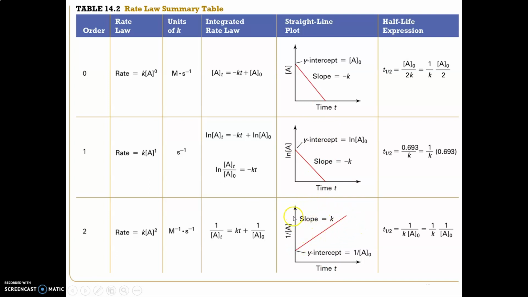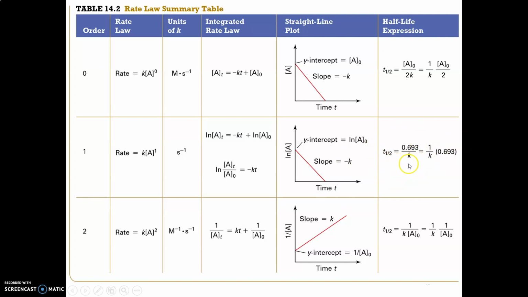So for second order, time versus inverse concentration, the slope is K. But for zero order, time versus concentration, and for first order, time versus natural log of concentration, the slope is negative K. But either way, the slope always gives you K. It's just either going to give you K directly, or it's going to give you the negative of K, and then you would just have to multiply by -1 to figure out what K actually is. Okay, these are the half-life expressions.